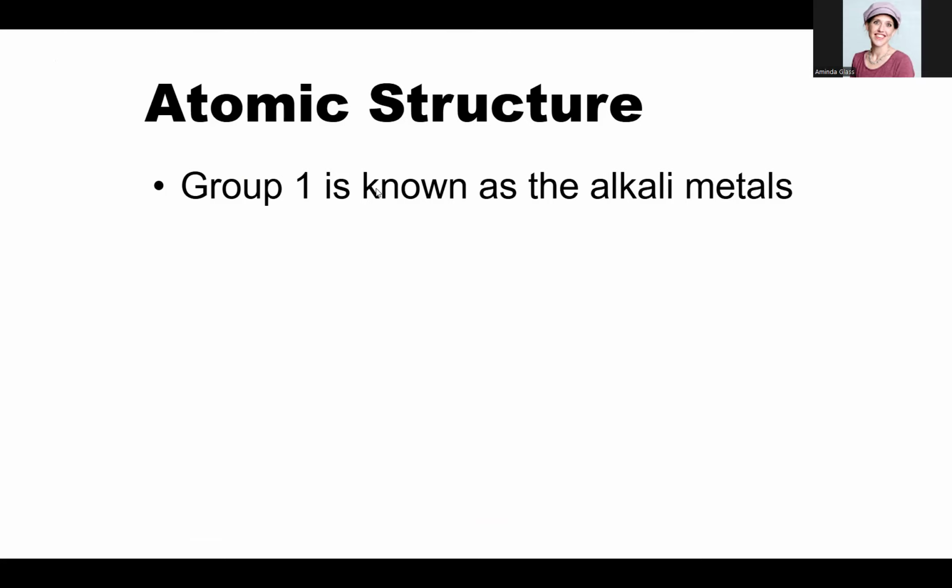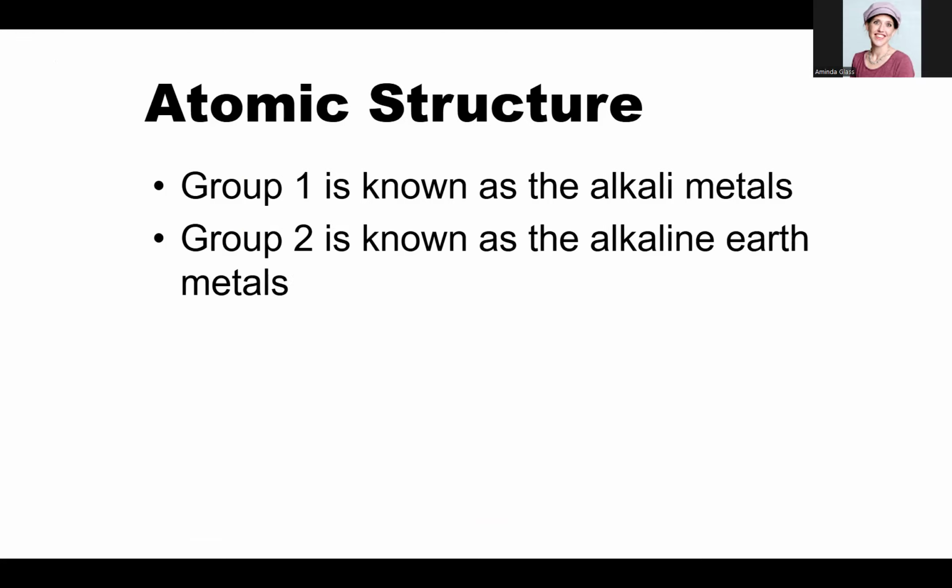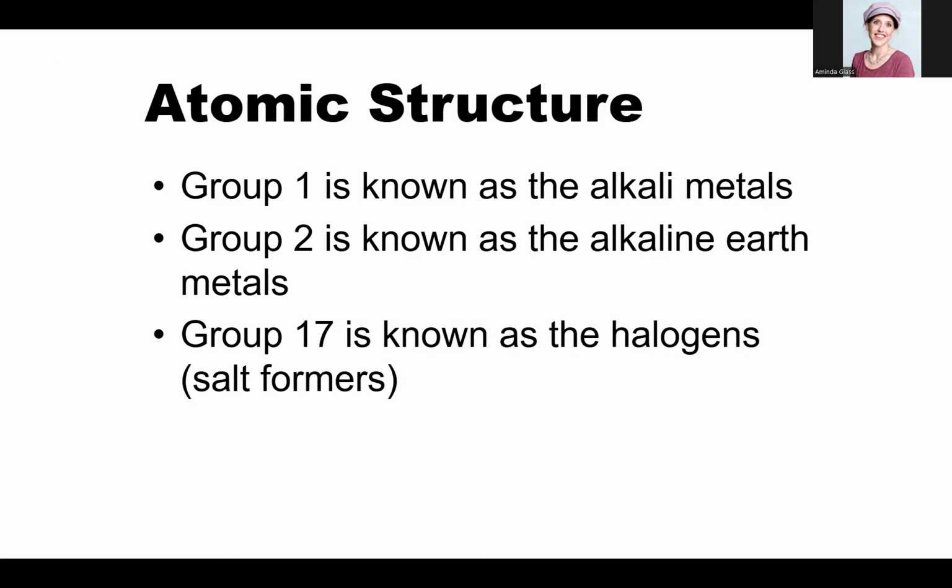Now, group 1 is known as the alkali metals. Remember, groups are columns. They're families. They have similar properties due to their valence electron structure. Now, group 2 is known as the alkaline earth metals. Group 17 is known as the halogens.